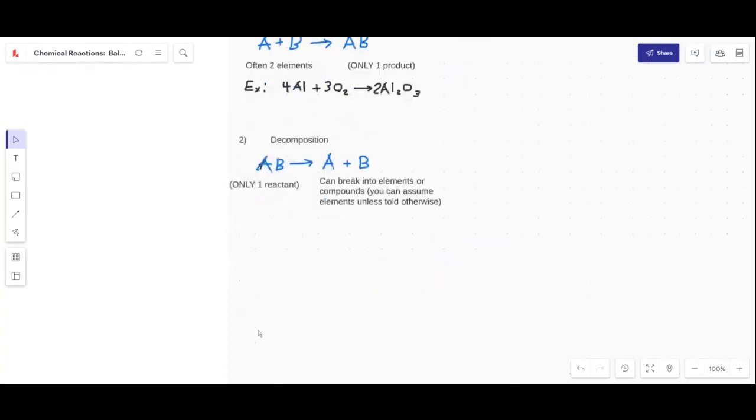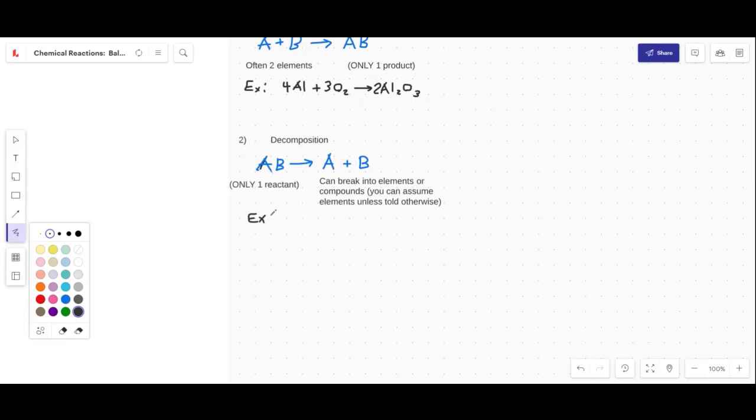An easy example of that would be the decomposition of silver chloride, which, if you're not familiar with, is a substance that used to be used in photography before everything went digital.